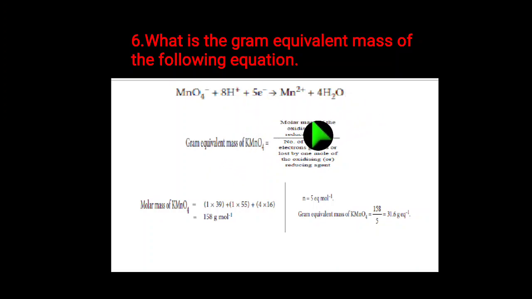For the equation, we should write the statement: the gram equivalent mass of potassium permanganate equals the molar mass of the oxidizing or reducing agent divided by the number of moles of electrons gained or lost by 1 mole of the oxidizing or reducing agent.